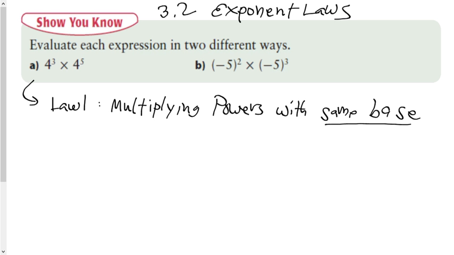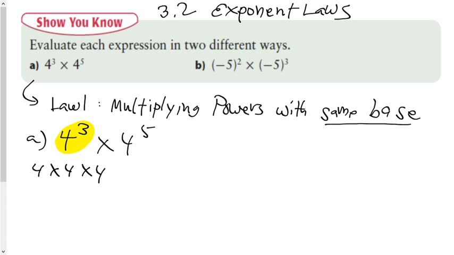Okay? And we're going to look at exemplars here, and then we'll see if we can come up with a rule together. Now the first one, A, says 4 cubed multiplied by 4 to the 5. All right? So if I grab my highlighter, and I highlight what 4 cubed would look like. What would 4 cubed look like in repeated multiplication, Brian? 4 times 4 times 4, correct.